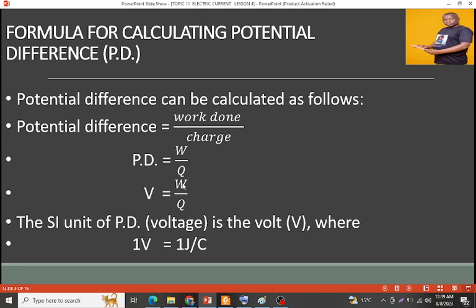Work done is in joules and charge is in coulombs, so dividing joules by coulombs gives you joules per coulomb.